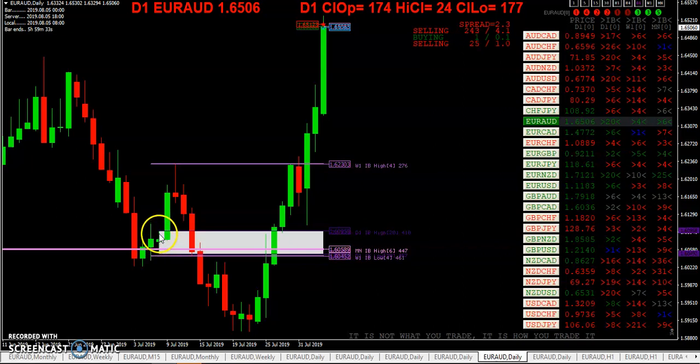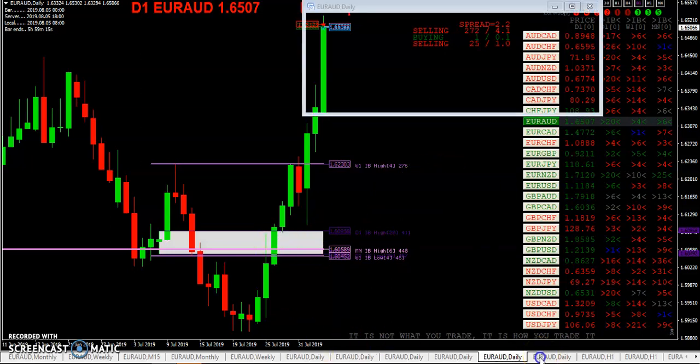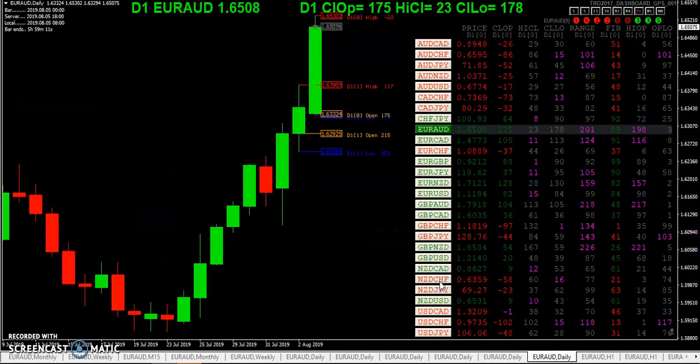There you go. You can see where it happened. It exited to the top, exited to the bottom, came back in and exited again. So you can see how profitable this was on the Euro AUD. So that's another of the methods that we can put in our arsenal for this pair.